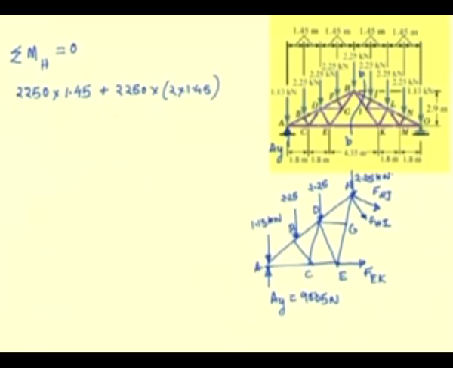Again this moment is a counterclockwise moment, plus the moment of the force at joint B, which is again 2250, and the moment arm is 3 into 1.45 meters, and the moment arm of this force is 1130 times 4 into 1.45, again counterclockwise.